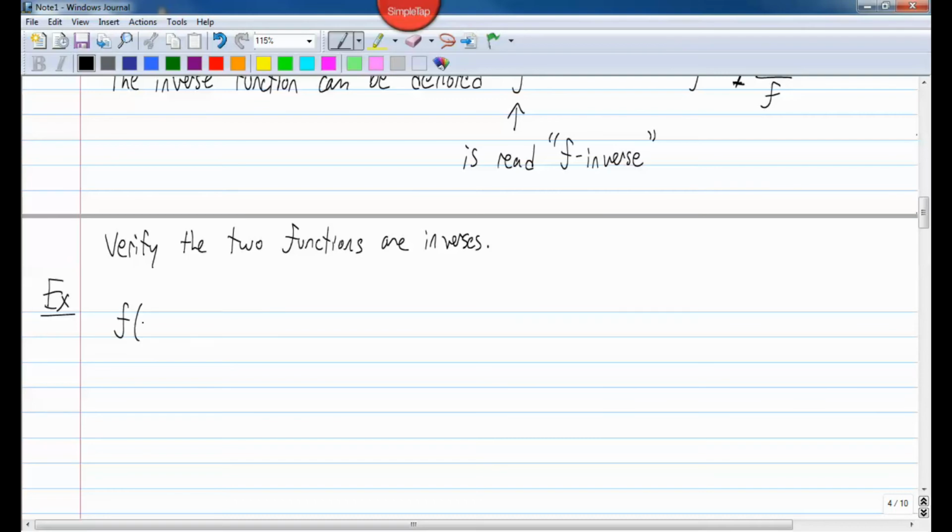Let's say that f of x equals 5x minus 2 and g of x equals x minus 2 all over 5.